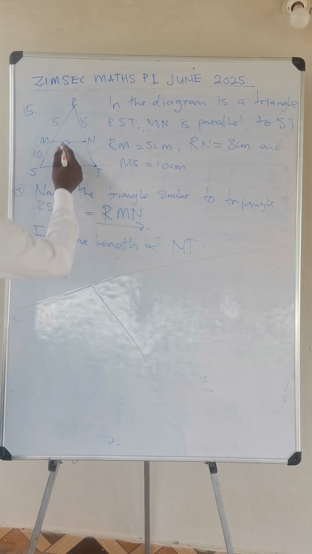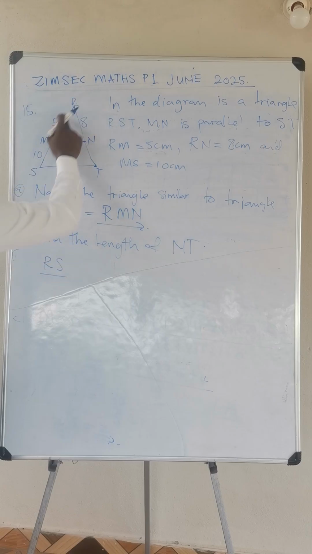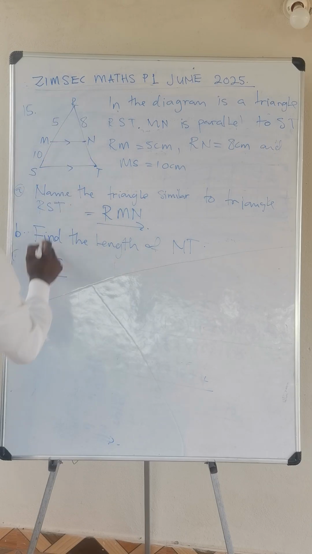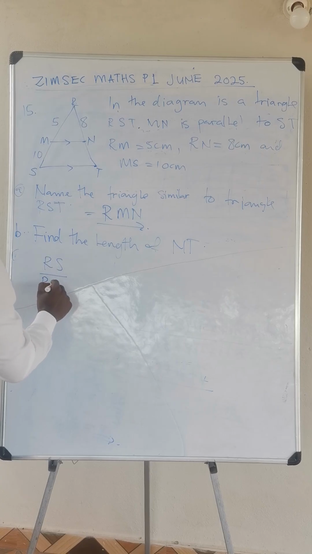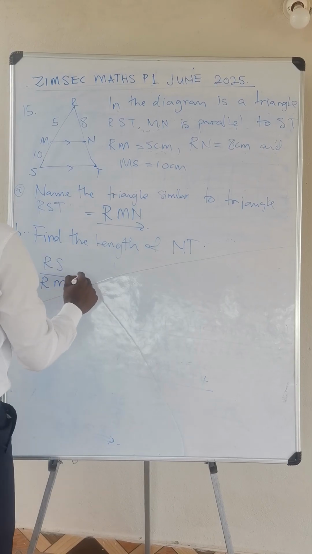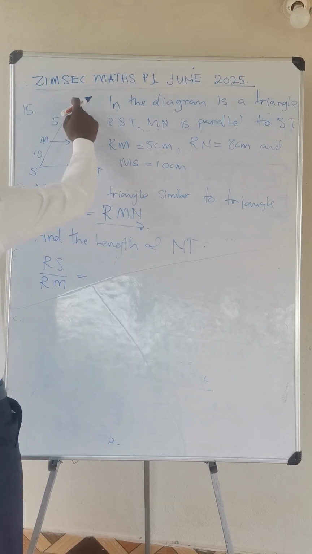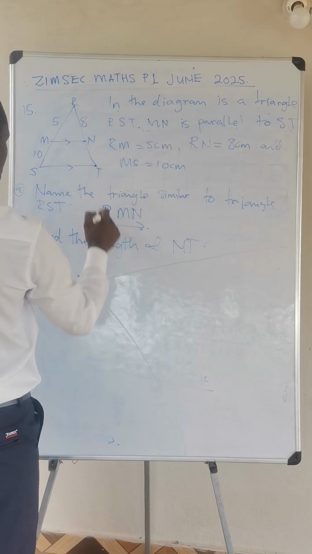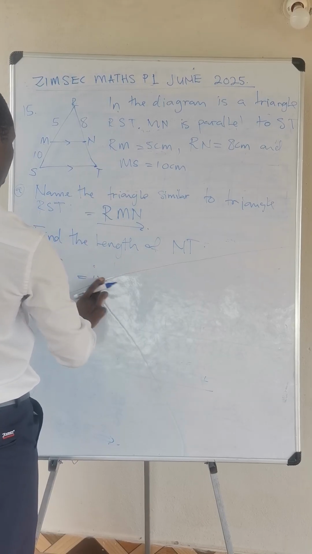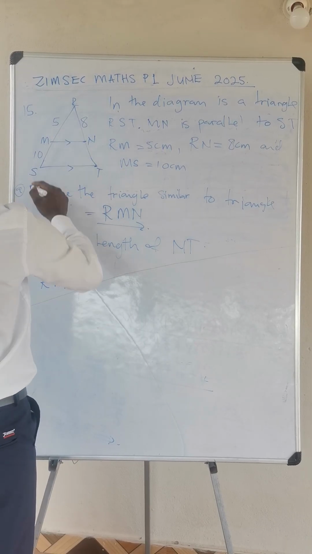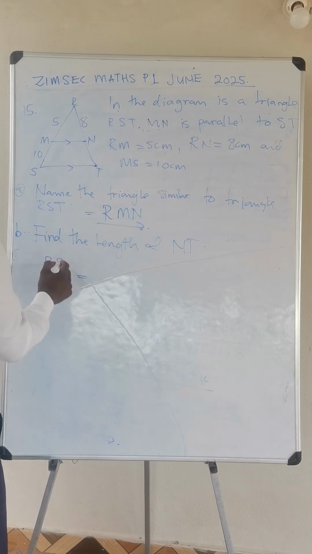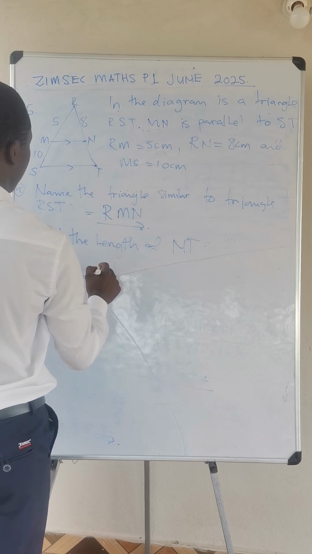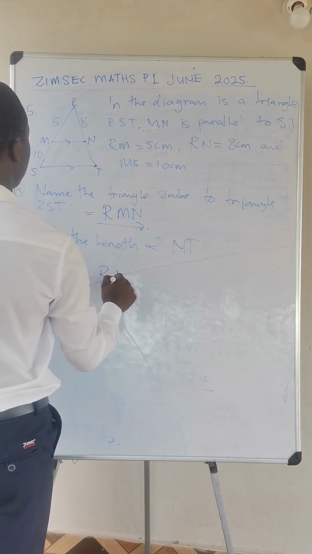So it's RS over the ratio of this side. RS over RM is equal to this length, this one, RT.